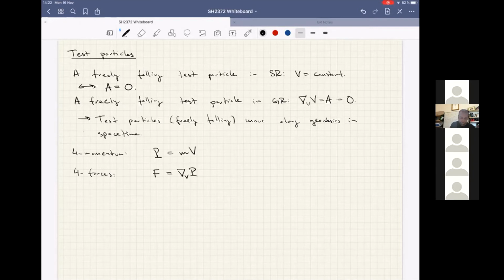However, we will in general not discuss test particles that are acted upon by forces. Most of our examples will be for freely falling test particles, and we will discuss how freely falling test particles move in different spacetimes.